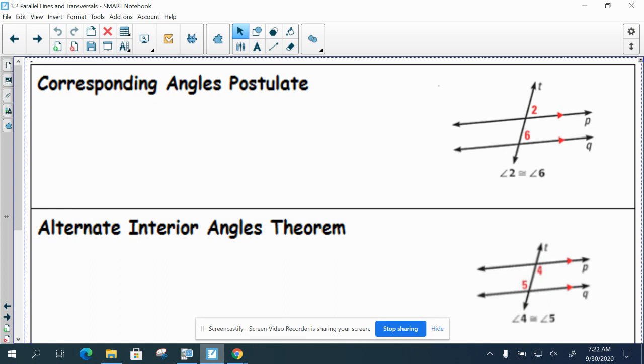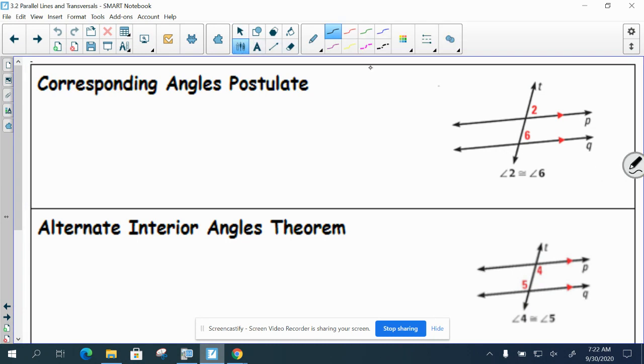All right, so corresponding angles postulate. As you can see from this diagram, the corresponding angles are in the same position relative to the vertex, and they are congruent as we saw from the GeoGebra applet.